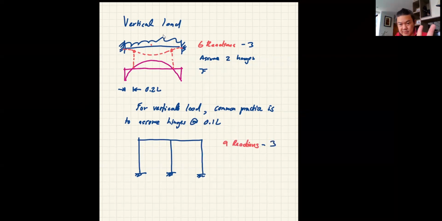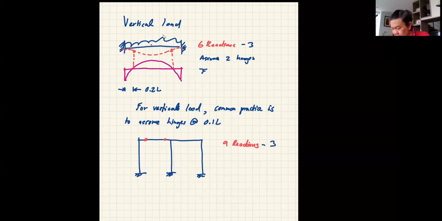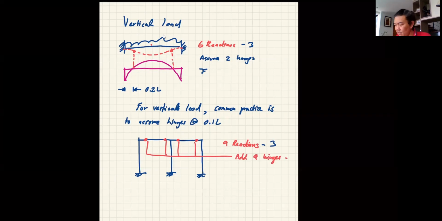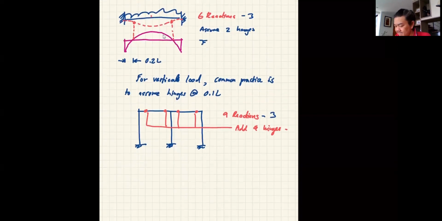Minus 3, you have 6 unknowns left. But because that's fixed, you can assume the hinges at 0.1 L location. So you have 4 more. So we add 4 hinges. And we neglect 2 axial deformations. We can solve it.